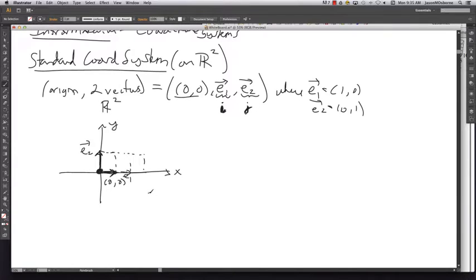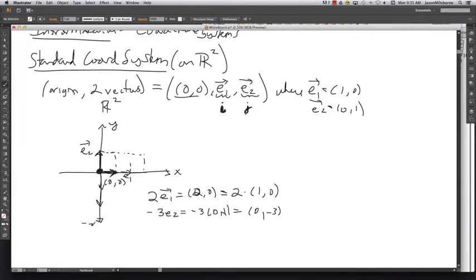We know from our vector operations that 2E1 is 2 comma 0. It's twice times E1. Okay, so that's two steps in the E1 direction. If you go minus 3E2, that's minus 3 times 0, 1, which will be 0, negative 3, which will be negative 3 steps, 1, 2, 3.